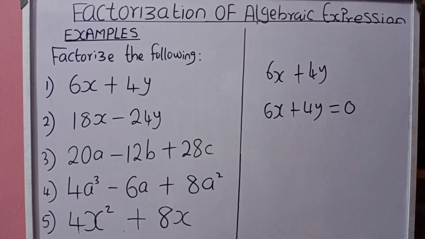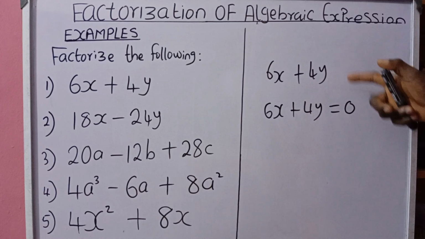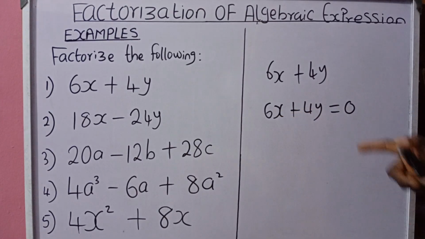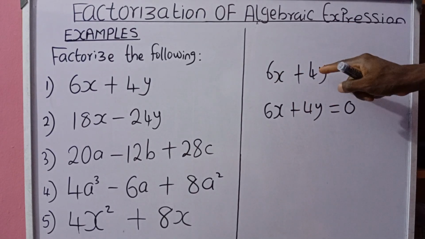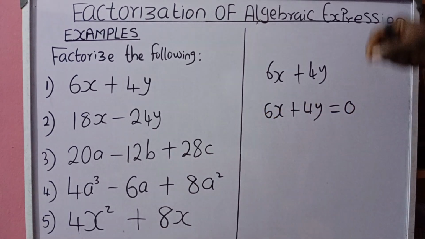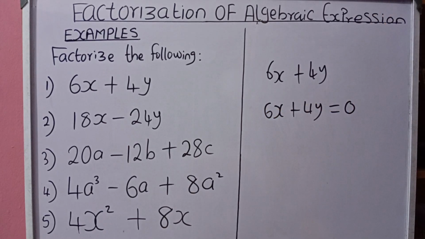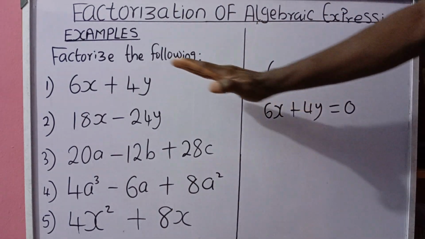You call it an equation. This becomes an equation because it has an equal sign in it. So in this sense, we can call this an algebraic expression, while this one will be referred to as the algebraic equation.